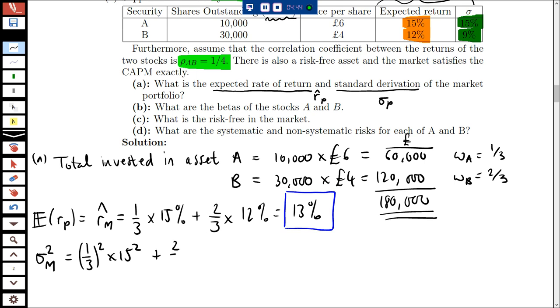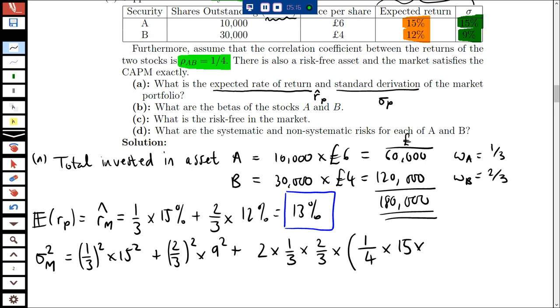So drop them into the standard formula. 2/3 squared, times 9%, plus 2 times omega A, omega B, times the covariance, which is the correlation coefficient times the product of the standard deviations.